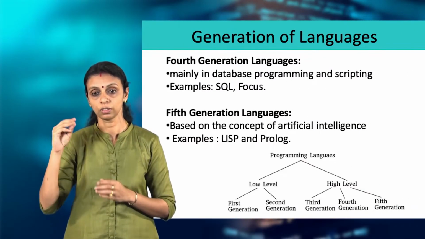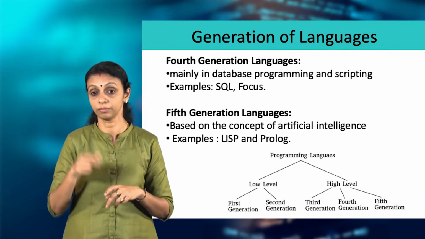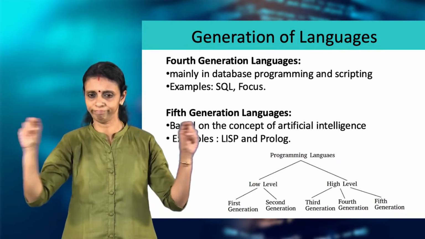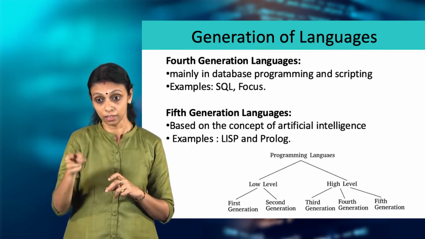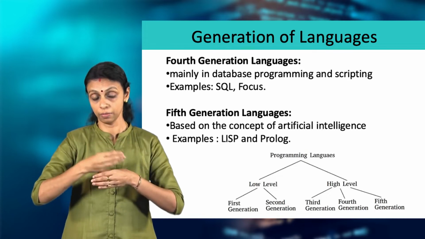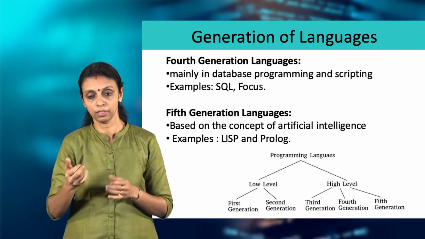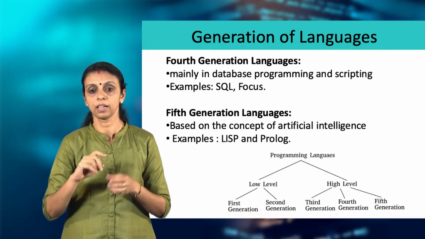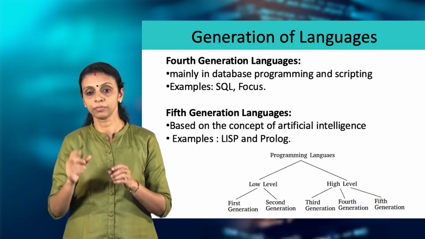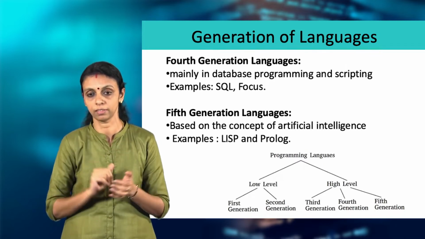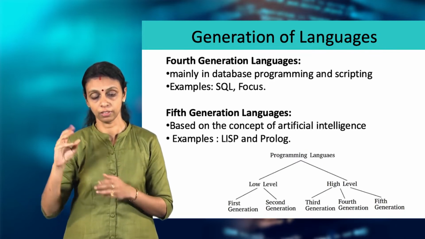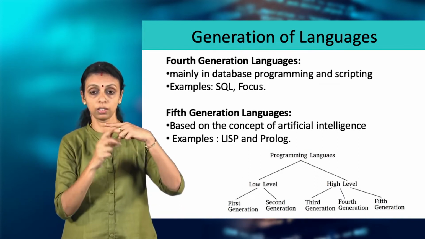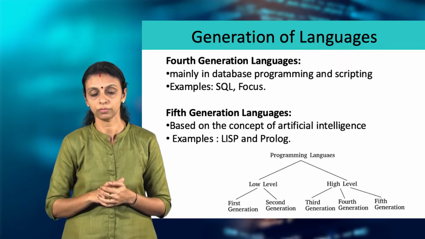Fourth generation languages. These languages are similar to statements in the human language. These are used mainly in database programming and scripting. Example: SQL, Focus. Fifth generation languages. They have visual tools to develop a program.